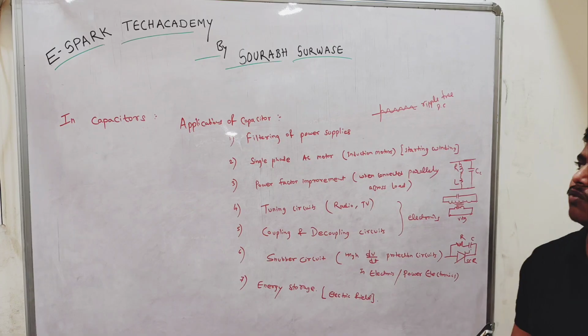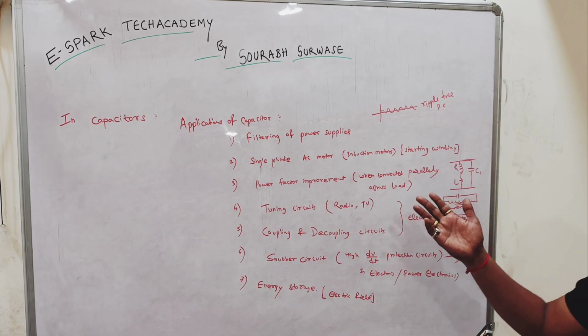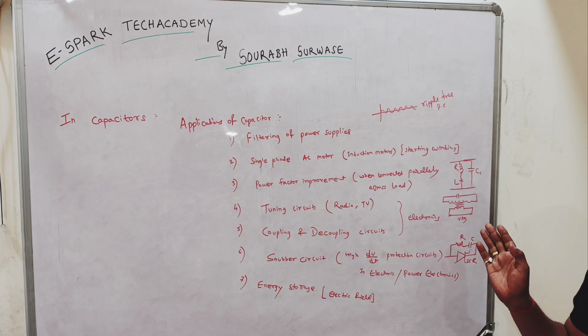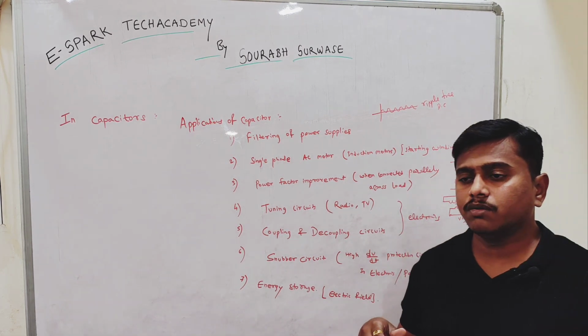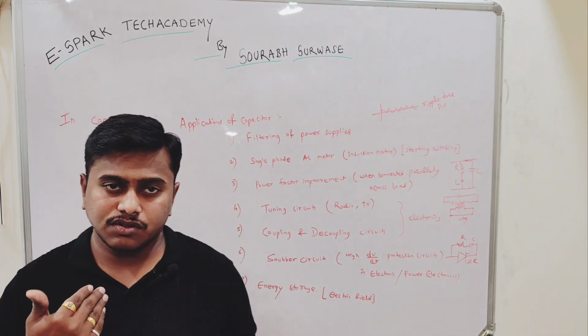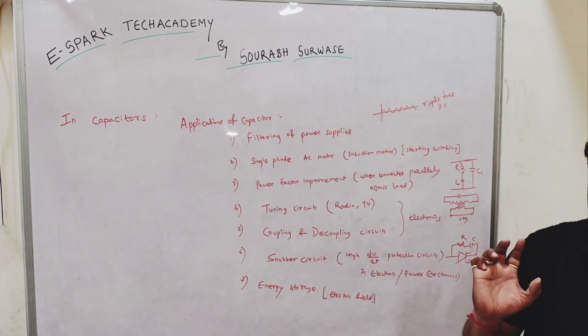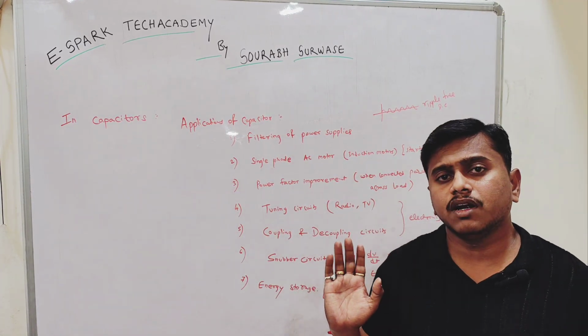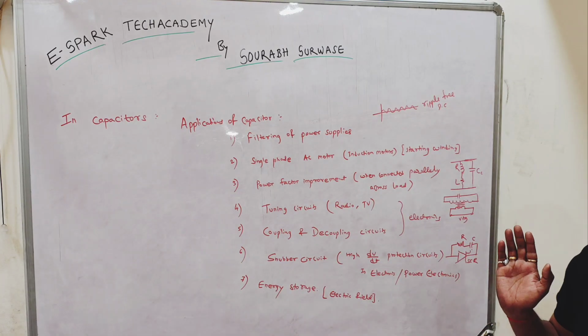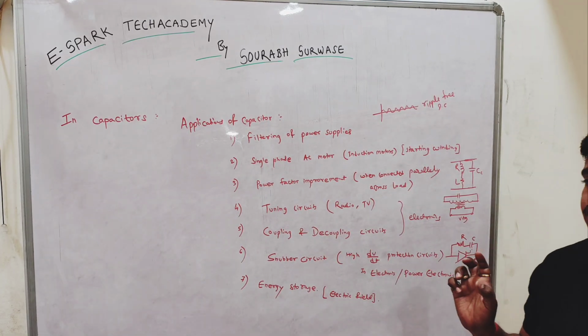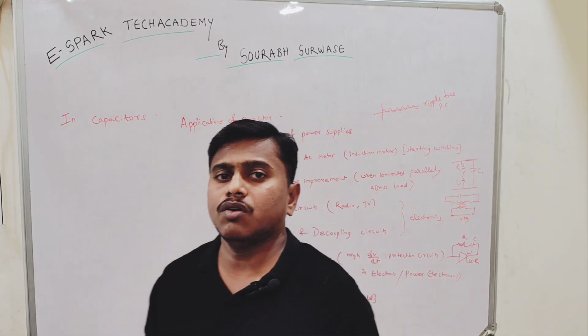In today's lecture we have gone through some terms of capacitors and the applications of capacitors. These terms are very important as your syllabus goes on: breakdown voltage and even surge voltages, you can say dielectric strength, the breakdown strength of insulators.